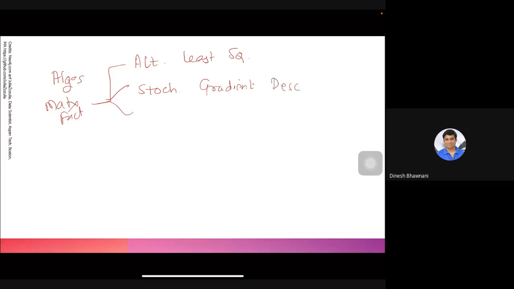And there is singular value decomposition. Each algorithm itself was once upon a time somebody's major research paper, PhD thesis. Going into detail is way outside of this current session.